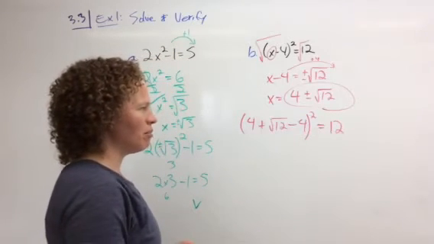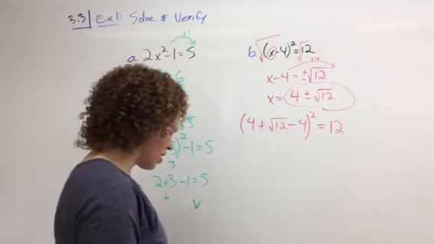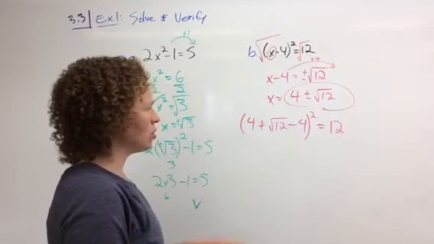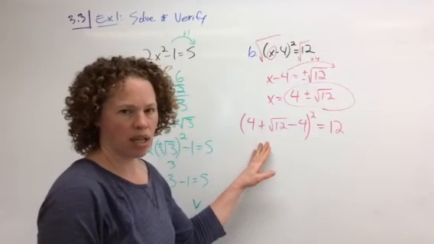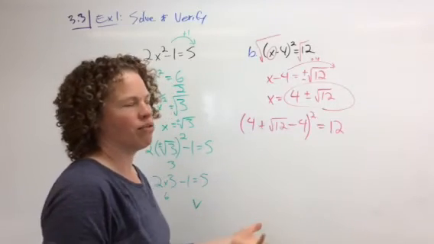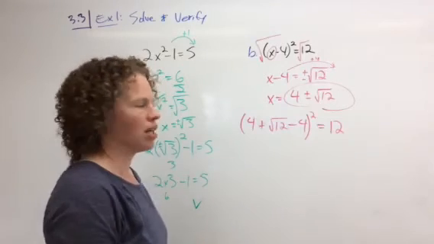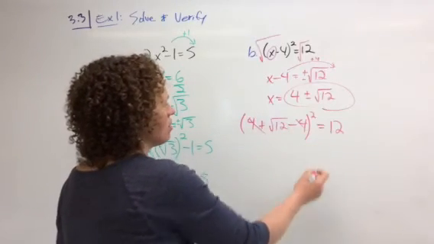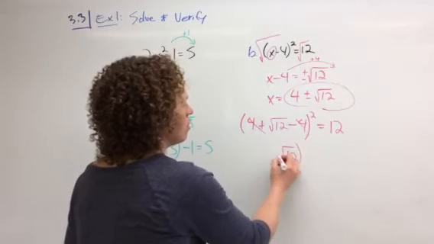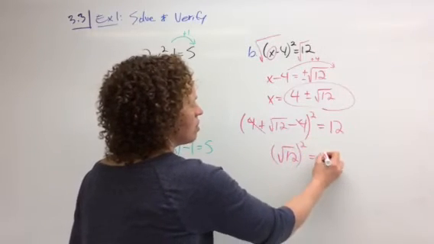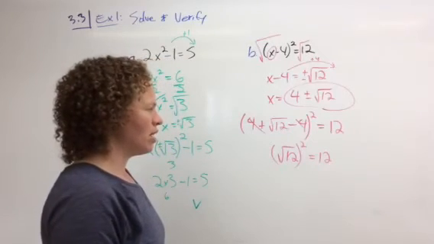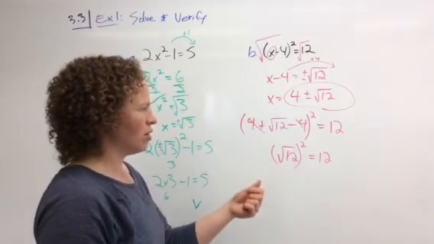This one's a little bit messy, but we can see right away that I've got some like terms within these brackets that I can collect. I've got a 4 here and a negative 4 here. Well, when you add 4 and negative 4, you get 0, so they cancel each other out. So all I'm left with is root 12 squared equals 12. Yes, that's true.